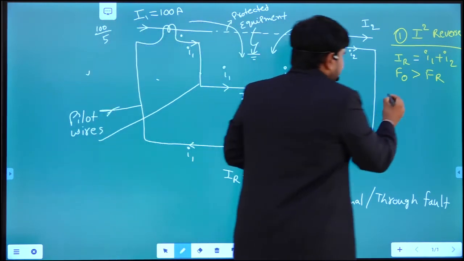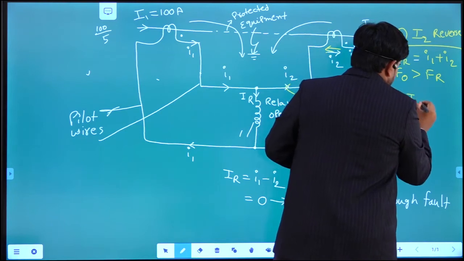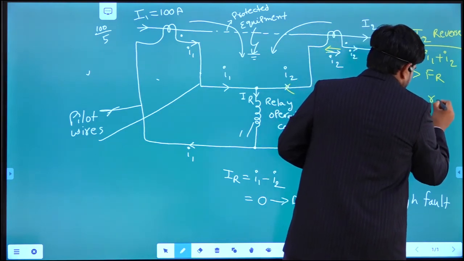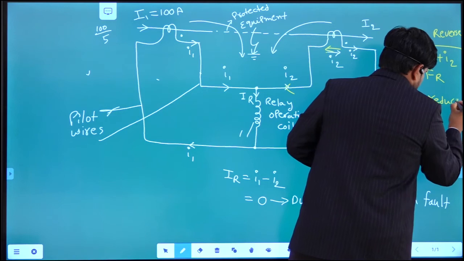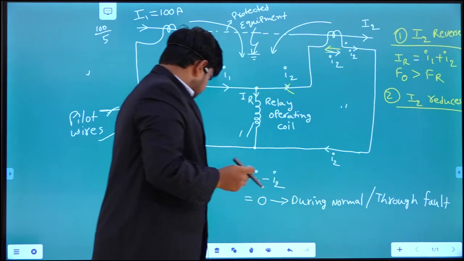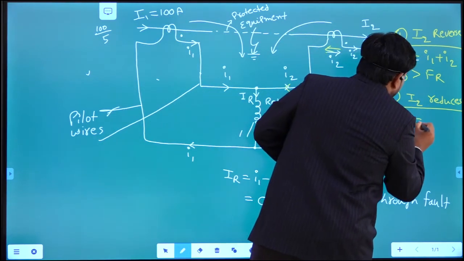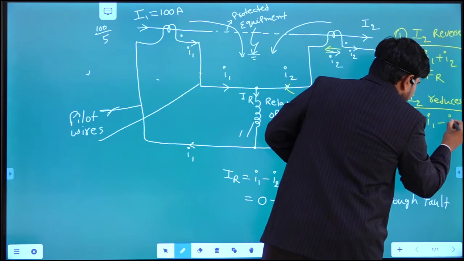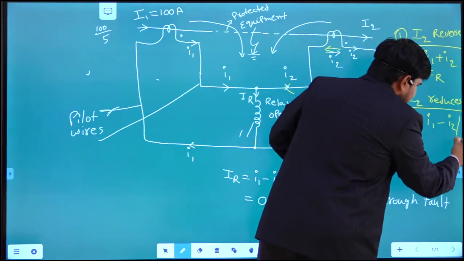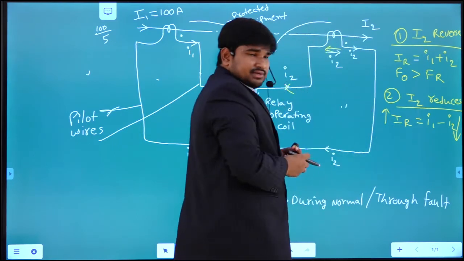And in the second case, for example, if I2 reduces instead of reversing, in this case IR is equal to I1 minus I2, right? As I2 reduces, the IR value is increasing.